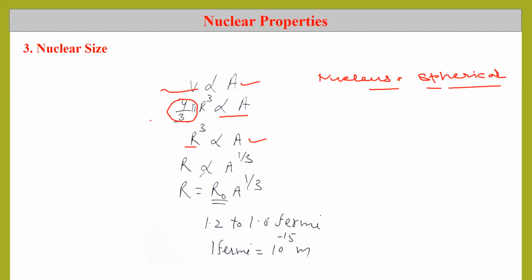Now we have to remove this proportionality, so we put r naught. R is equal to r naught A to the power 1/3.